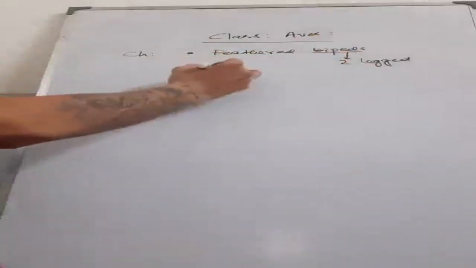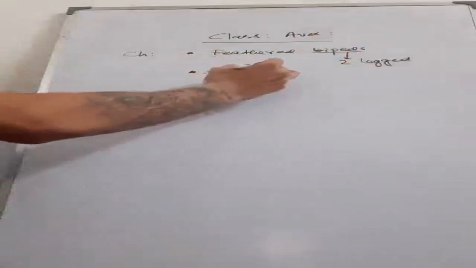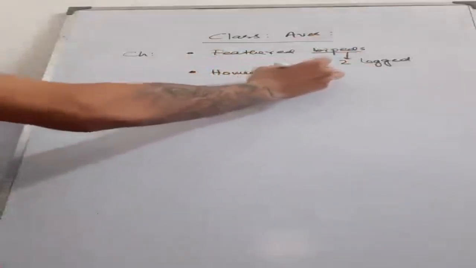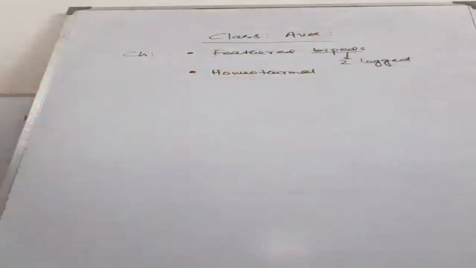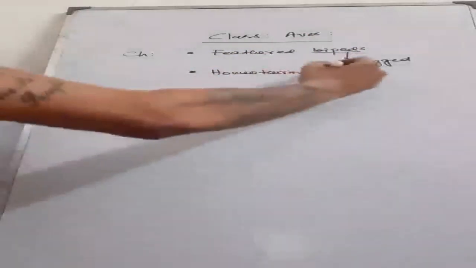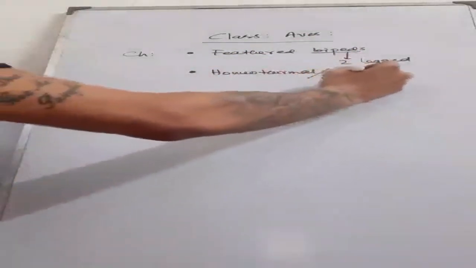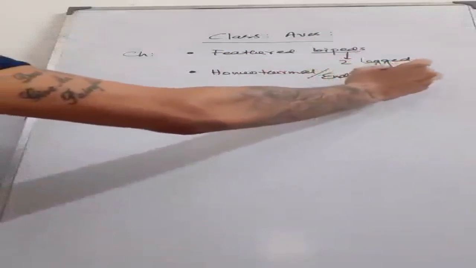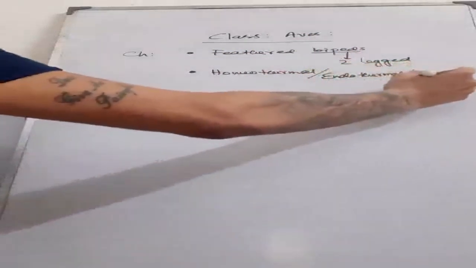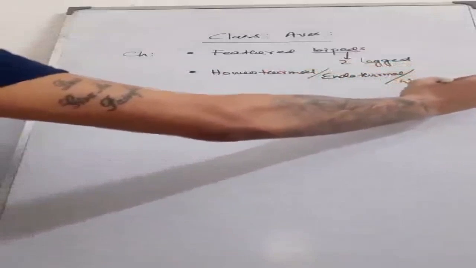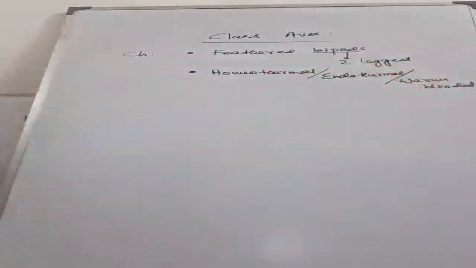These are homeothermal species. Homeothermal means endothermal, that is, warm-blooded. You should also know one thing.